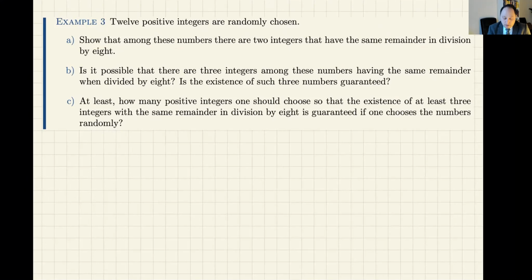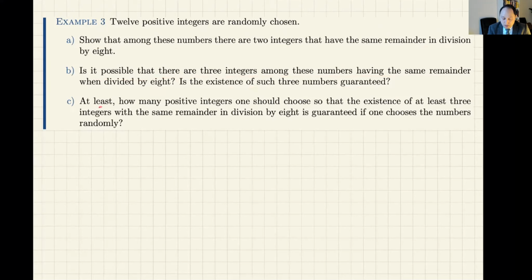Okay? Is it possible that there are 3 integers among these numbers having the same remainder when divided by 8? Is the existence of such 3 numbers guaranteed?